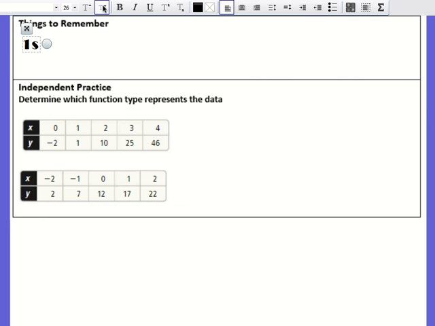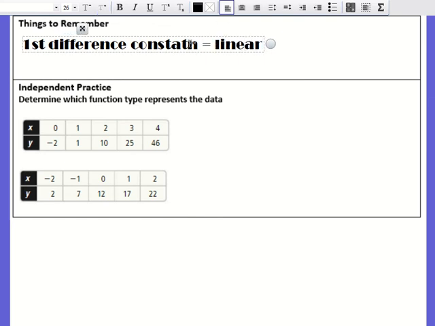So, first difference constant equals linear.